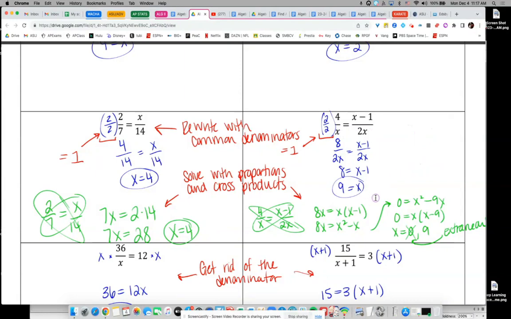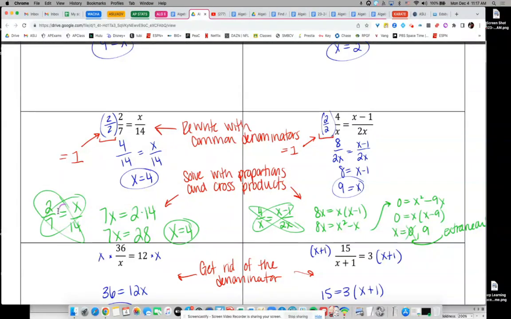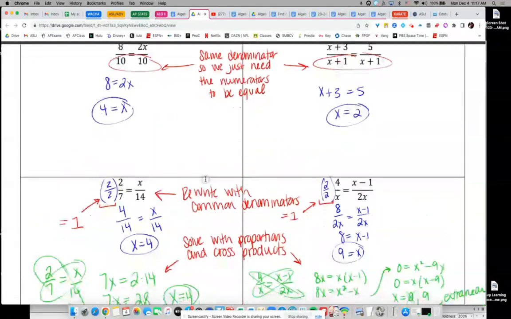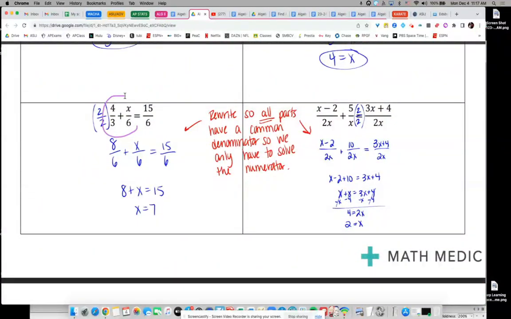You can see we can always check our answer. There is another method, which a lot of people like to use. It's called cross multiplying. If you cross multiply, this is allowed, but it's only allowed if you have an equal sign here. I see some people try to do it with something like this maybe.